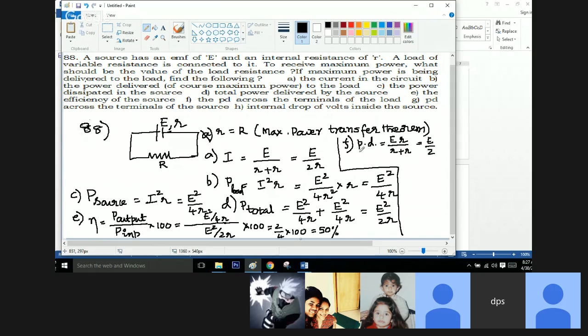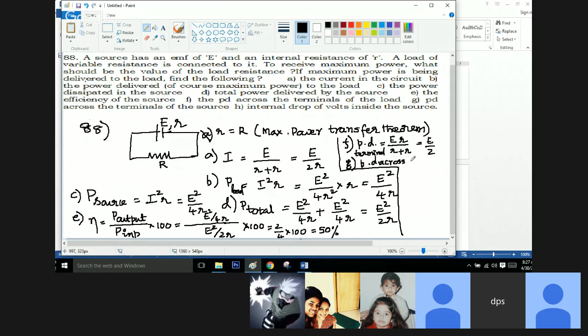That is F. And G. PD across the terminals of the source. Both are equal, then only maximum power transfer occurs, no? So ER by R plus r, then PD across terminals, TPD actually it is.